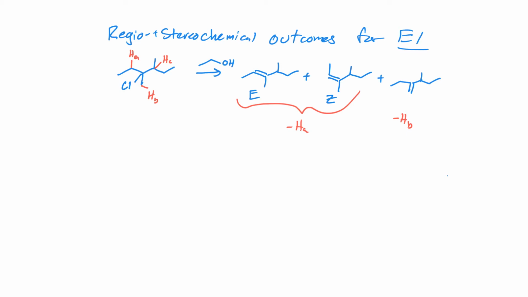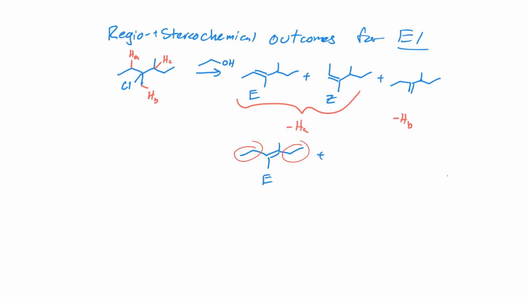Let's look at HC. HC is on the right side. If we lose HC and the leaving group, we're going to form an alkene right here. And let's see, this alkene has, if I just circle the higher priority group, there are clearly 2 different groups on each of the carbons. In this case, the higher priority groups are opposite each other. So this would be called the E version.